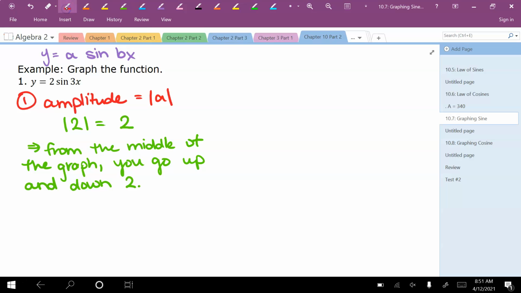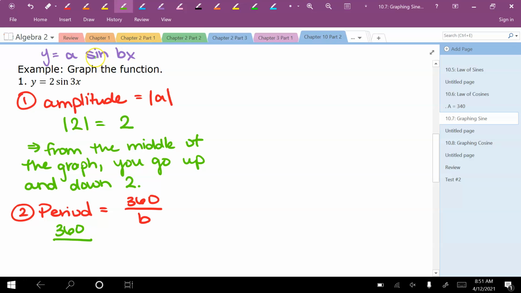Step 2 is to figure out what the period is. How long does it take for this graph to do a full cycle before it repeats itself? Remember, your period is when you take 360 divided by the b. The b is after the sine, the number that sits in front of the x.